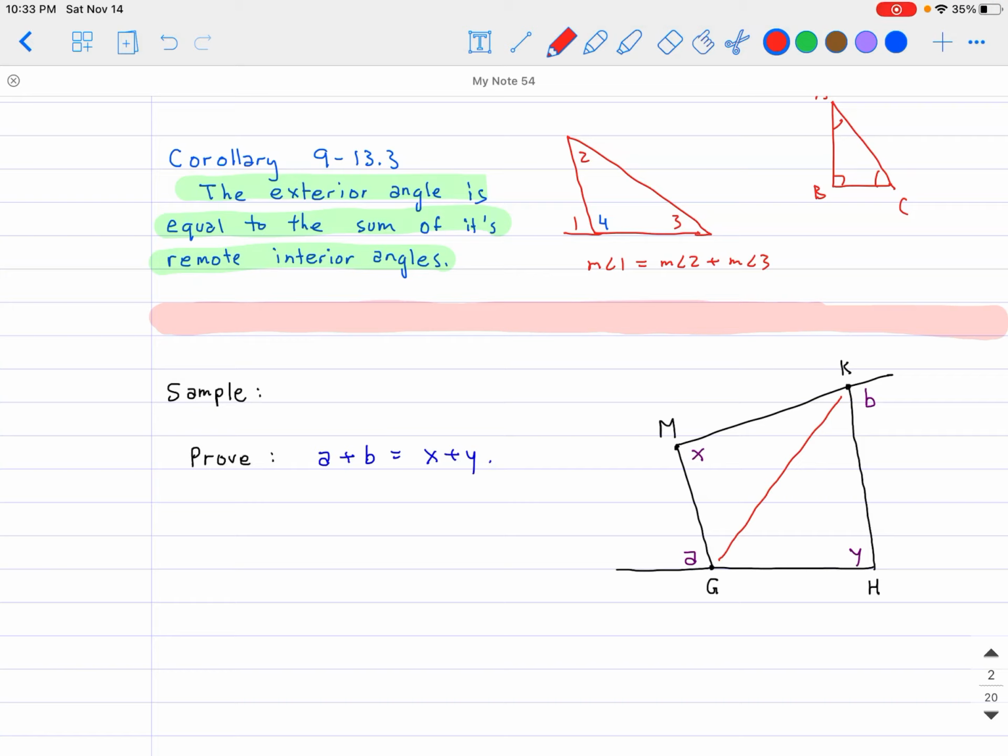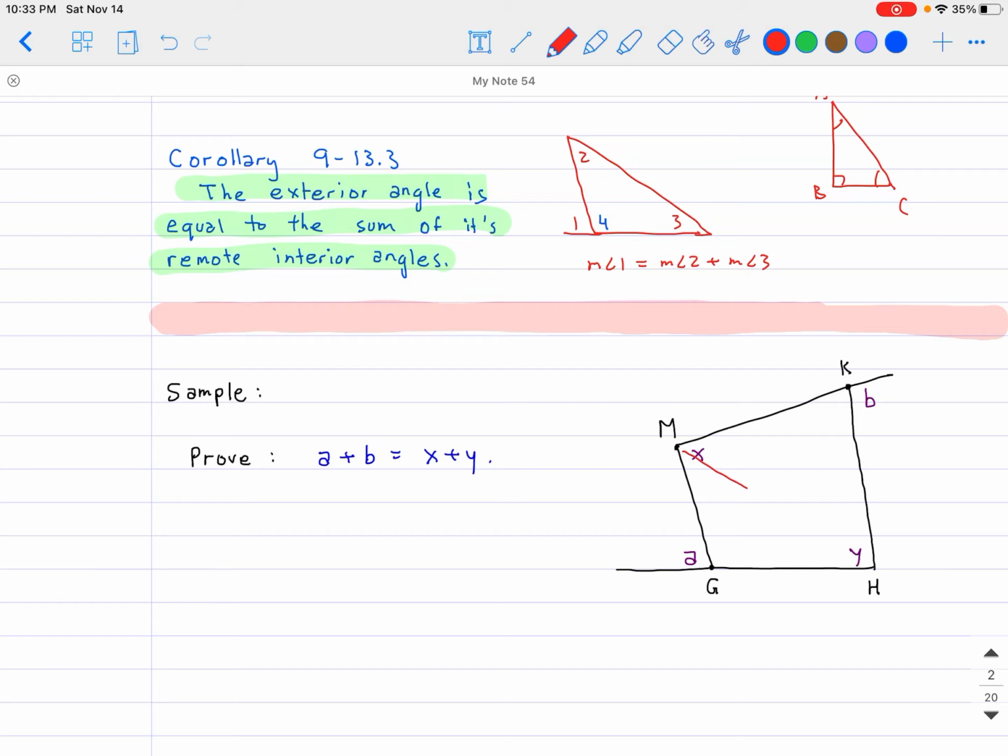Now, looking at GK, if I create that, unfortunately, that doesn't look like it's going to work out, because A and B are screaming to be exterior angles, and they are not going to be exterior angles according to triangle MGK or KHG. So that's probably going to be out of the question then.